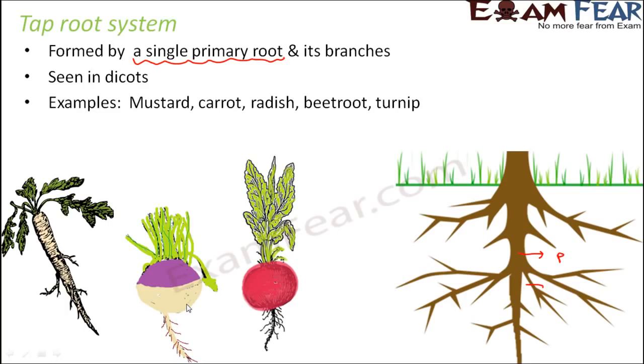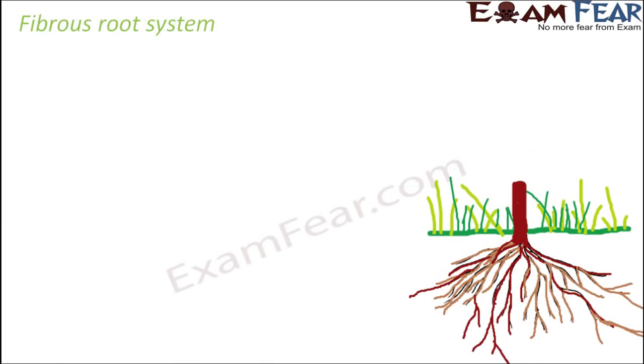So taproot system is that kind of a system where you have one primary root, and that one primary root in case of a carrot or radish is this, in case of a turnip is this, in case of a beetroot is this. So this is one primary root from where you have so many branches. Again here, this entire thing which is swollen above and then tapering towards the end is the primary root, and from there you have branches. So this is taproot system.